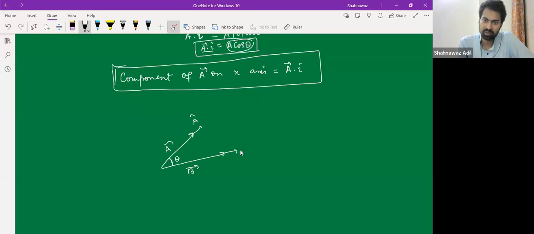So Rishita's answer is B cap. This is the actual line, not the x-axis.